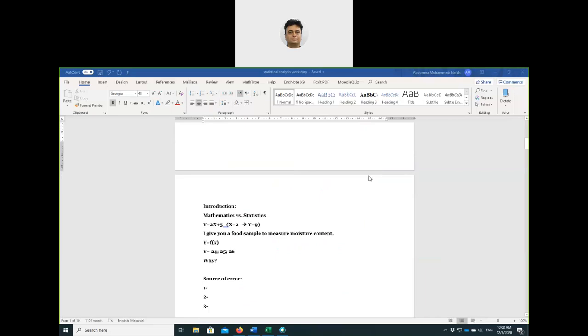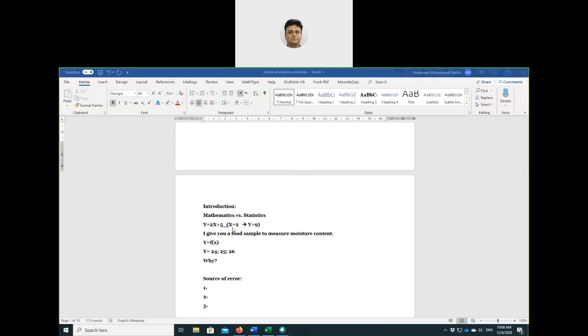To start, I want to describe the difference between mathematics and statistics. For example, this is a mathematical relationship: Y is equal to 2x plus 5. If I give x equal to 2, all of you will reply with the correct answer, 9.